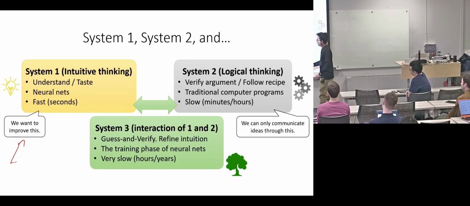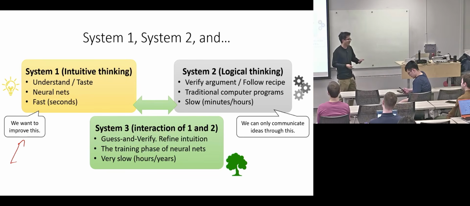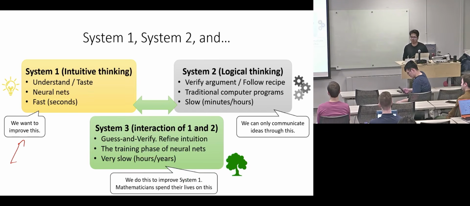You can think of how this works like the training phase of neural nets. It takes a lot of effort and it's very slow, it might take hours or years. But this is what we do to improve our System 1. And basically, this is what mathematicians do their whole life.